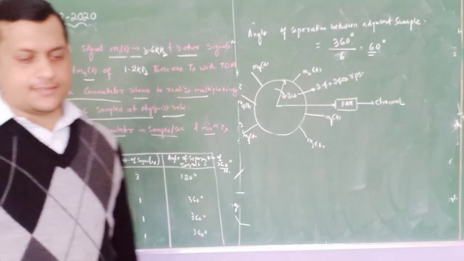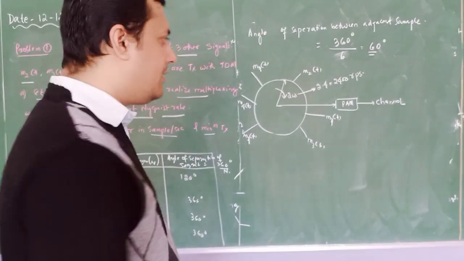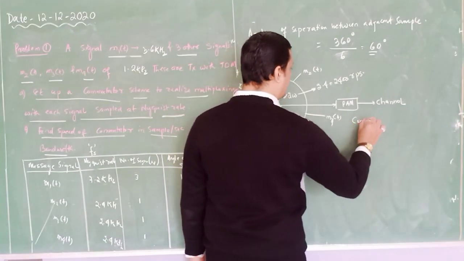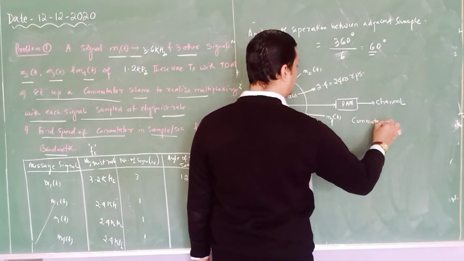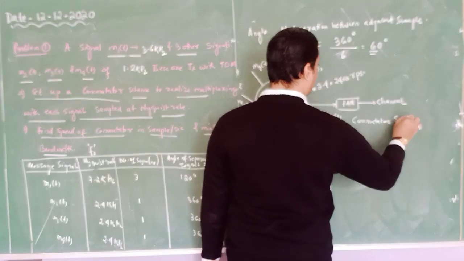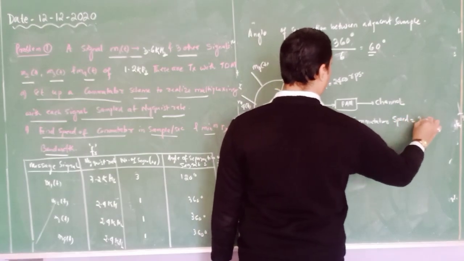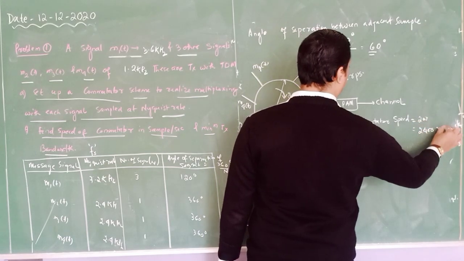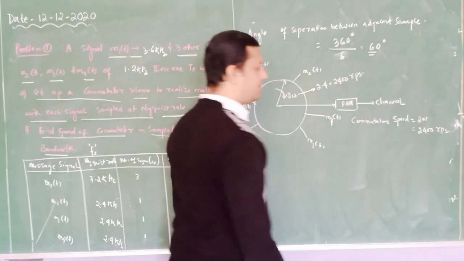So according to this design, the further calculations are: first, the commutator speed. So what is the commutator speed? It is 2 omega. How much is it? 2400 revolutions per second.